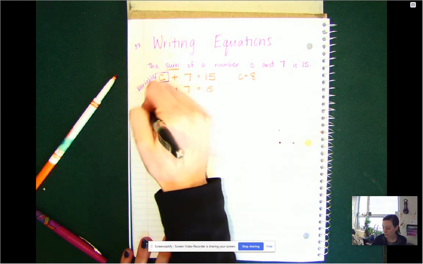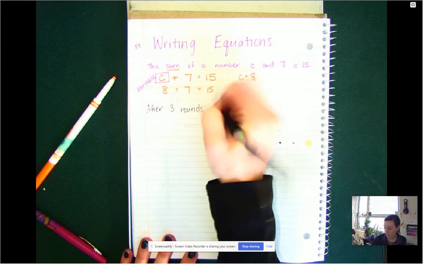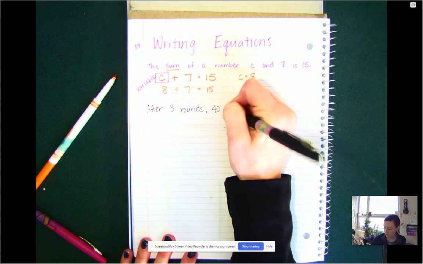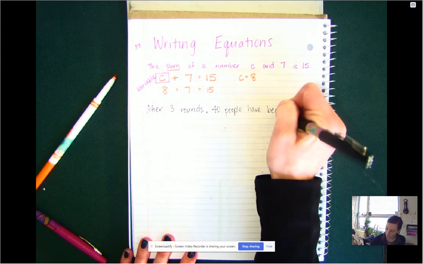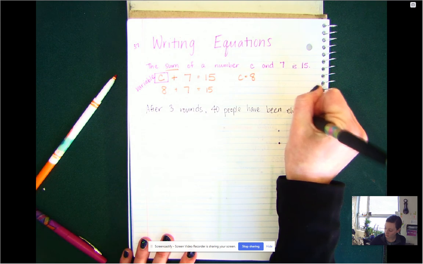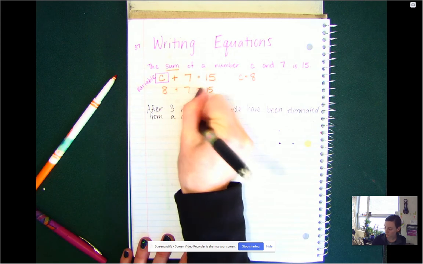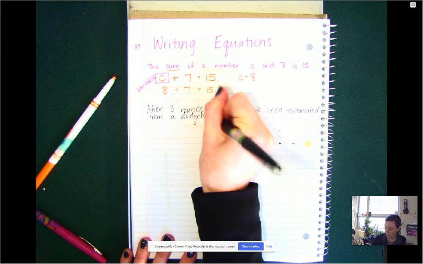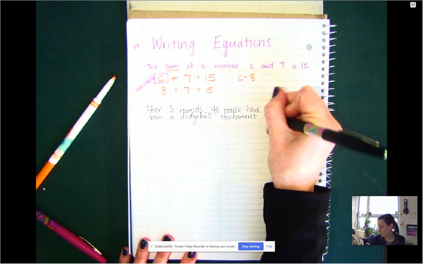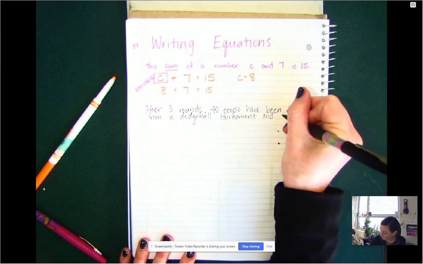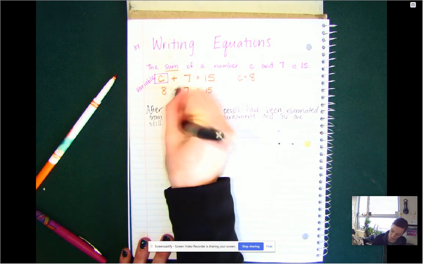After 3 rounds, 40 people have been, oh, my black pen's dying, been eliminated from a dodgeball tournament, and 36 are still left.